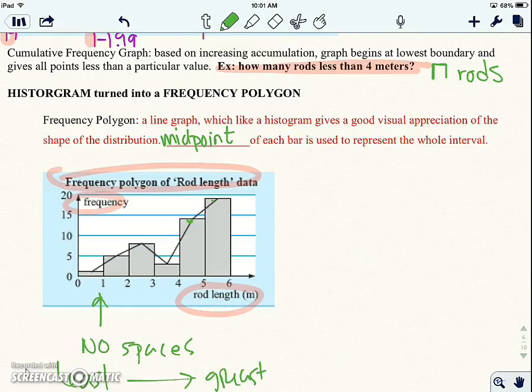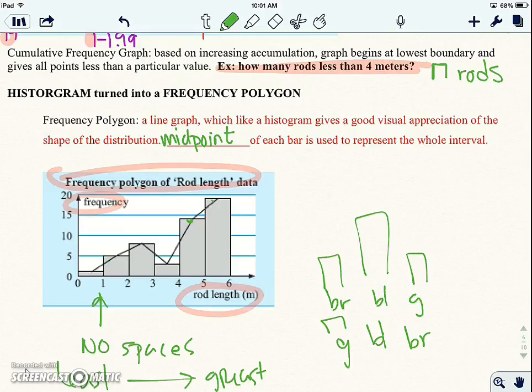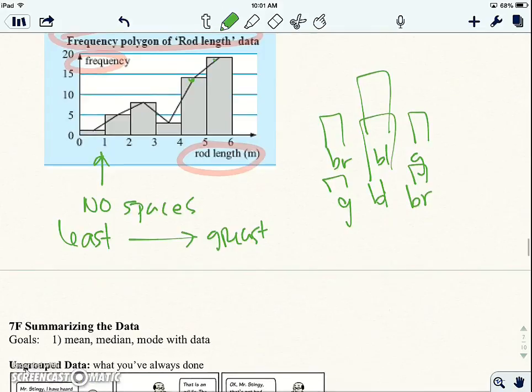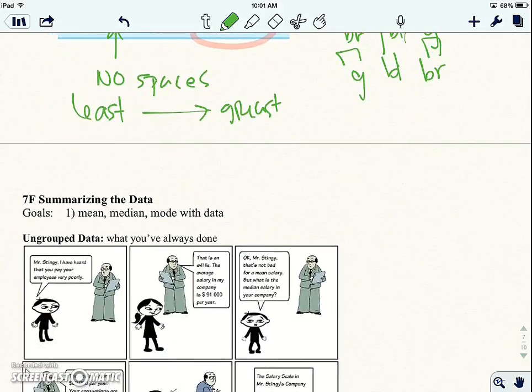That's what makes it different from a bar graph where if you did, say, eye color, you could do brown, blue, green and have your chart, or green, blue, brown, and then the pictures would be different, okay, but it doesn't matter the order. We'll stop there and do 7F on the next video.